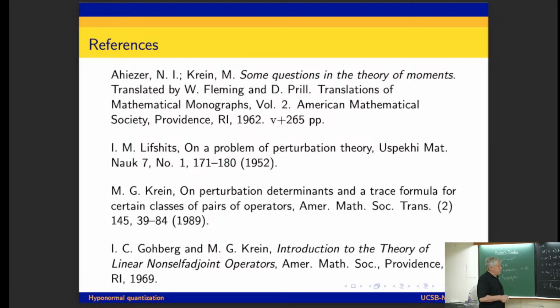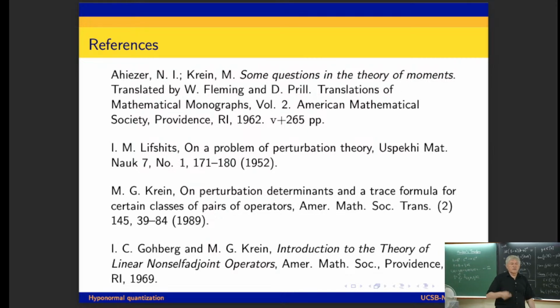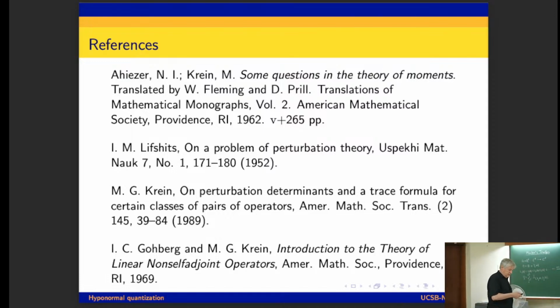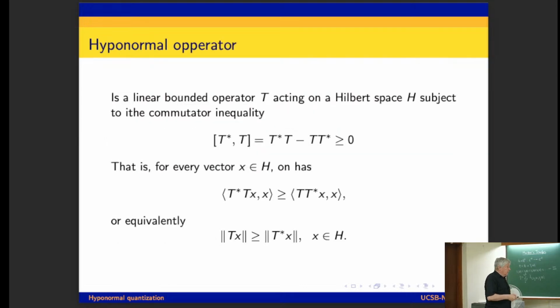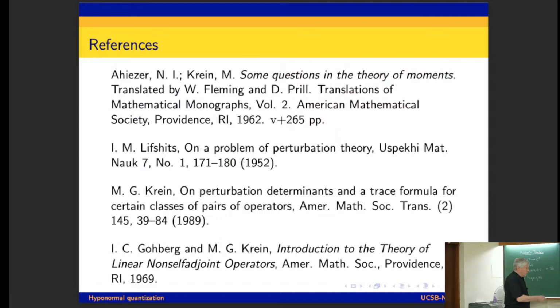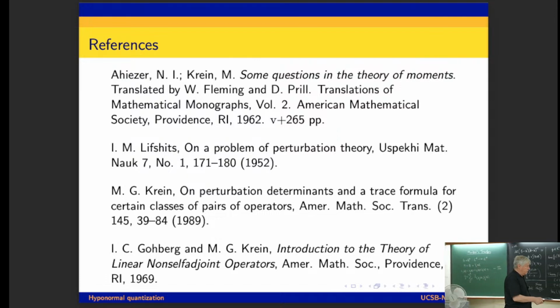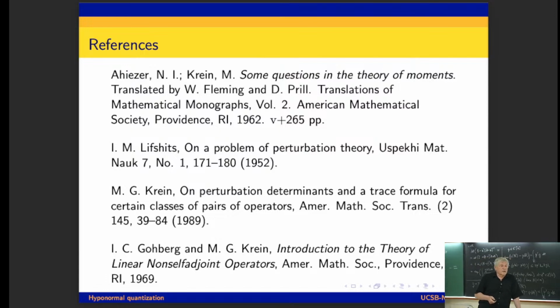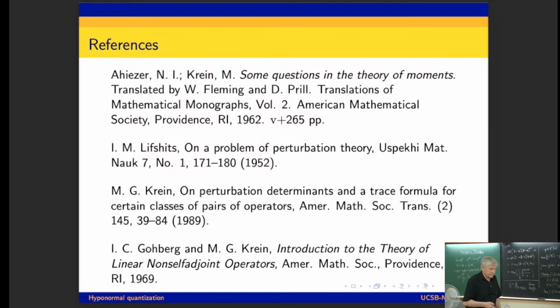And then it was again Mark Krein who put everything in the proper format and understood the invariance and all the intricate natures of the perturbation determinant. Fortunately translated, but he has many papers on this. And then the book of Gohberg and Krein has quite a lot of discussions about perturbation determinants and how you apply them to dissipative operators, you go into the unbounded case and so on.